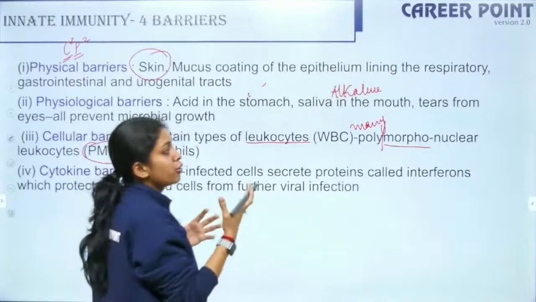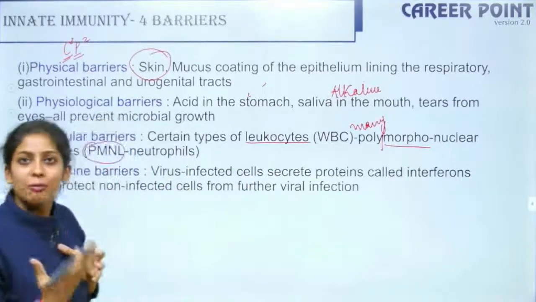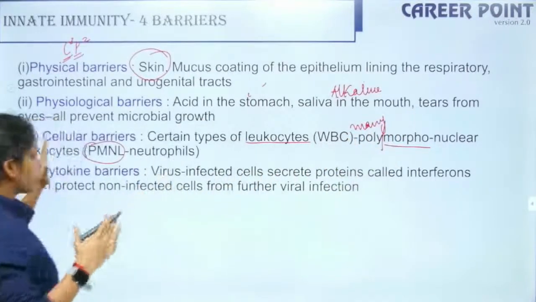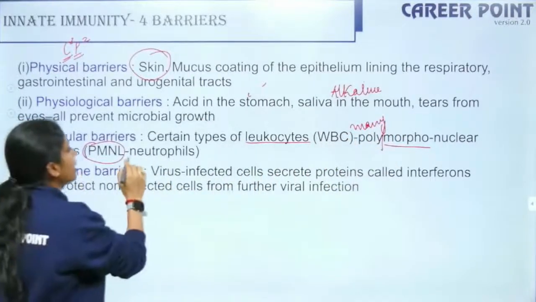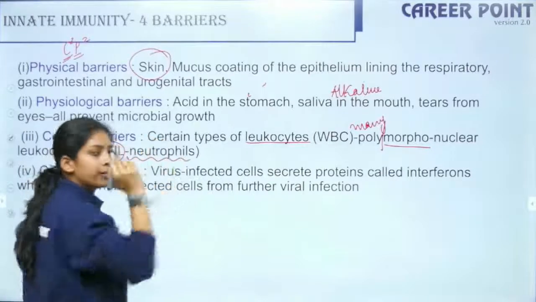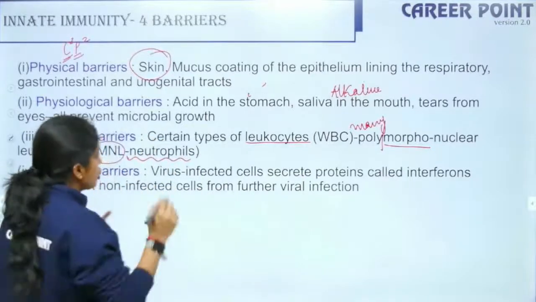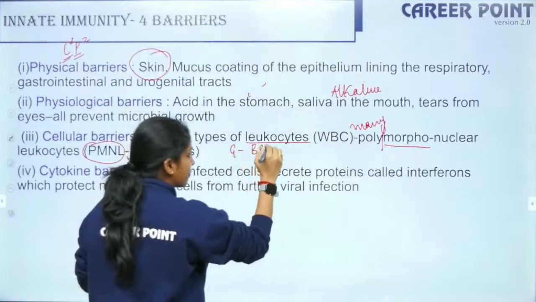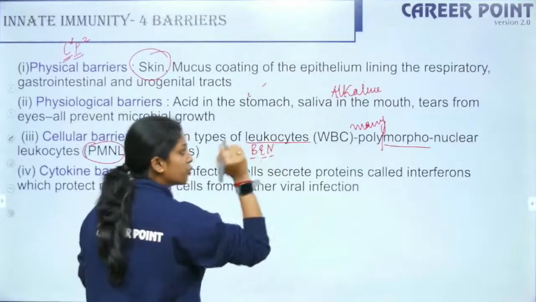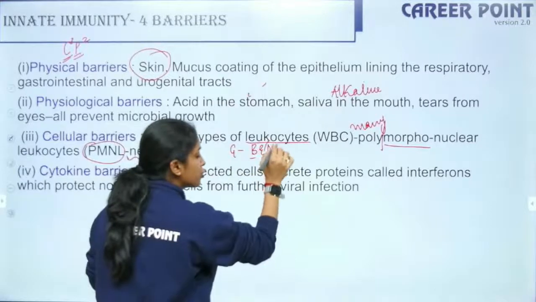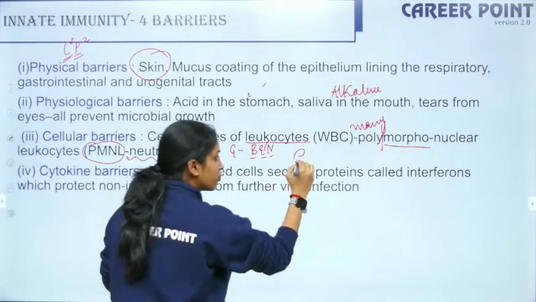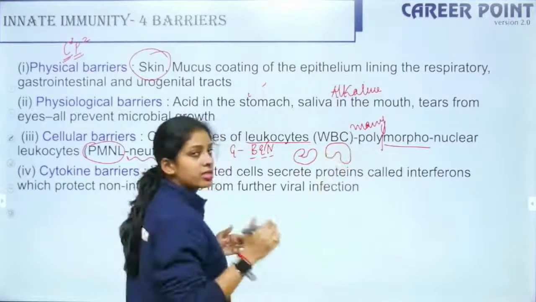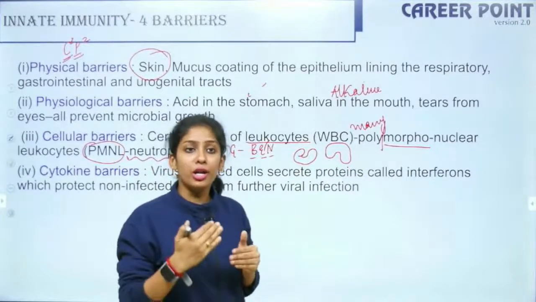So your monocytes can take up any types, right? So polymorphonuclear leukocytes, which can be in turn your neutrophils. Fine. So we had two types. Granulocytes had BEN: basophil, eosinophil, neutrophil. So the nucleus of the neutrophil can be of any shape. So that is why this term polymorphonuclear leukocytes.